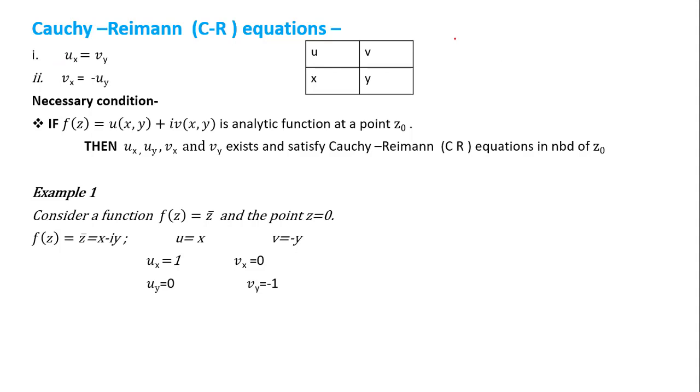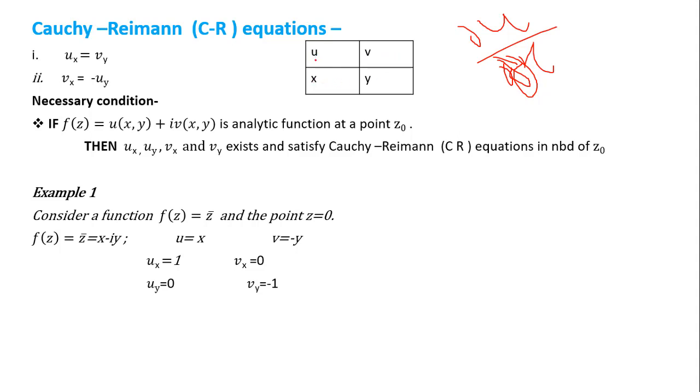Ux means del u upon del x. This is the partial differentiation of u with respect to x. So ux equals vy and vx equals minus of uy. If you face any difficulty remembering this, just write u v in alphabetical order, and x y.